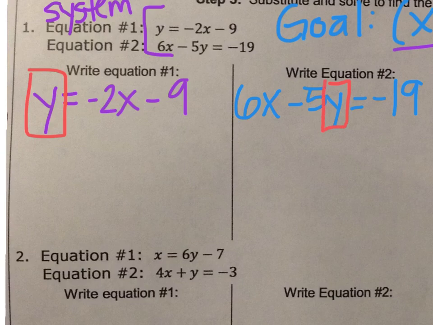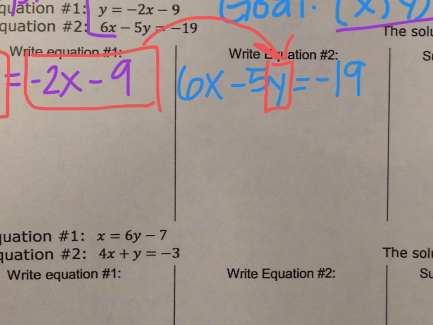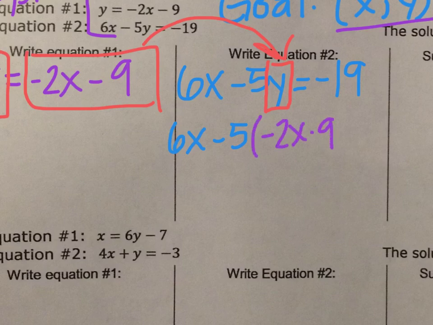Rewrite everything except for y. What we plug in for y here is going to be this value, because it is equal to y. So let's see what that looks like. 6x minus 5 times (negative 2x minus 9) equals negative 19.